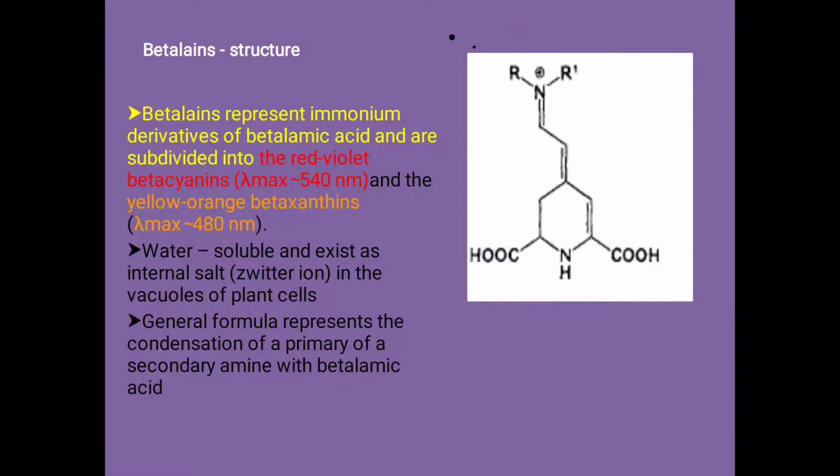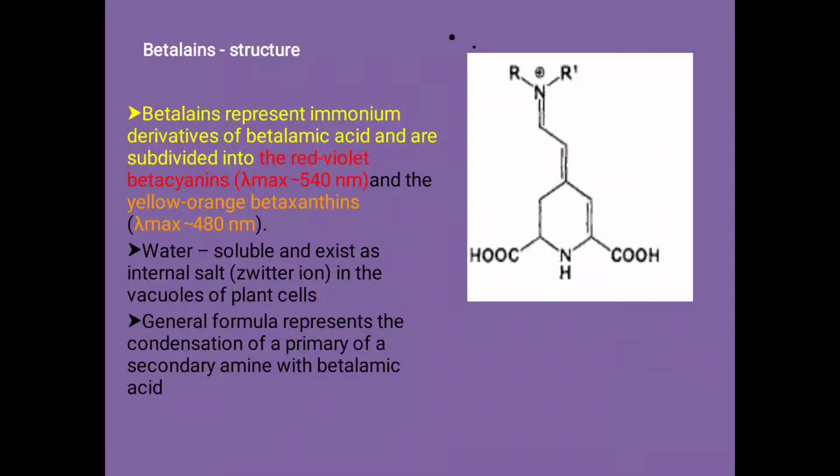So this is the betalain structure. Betalains represent immonium derivatives of betalamic acid and are subdivided into the red-violet betacyanins and the yellow-orange betaxanthins.